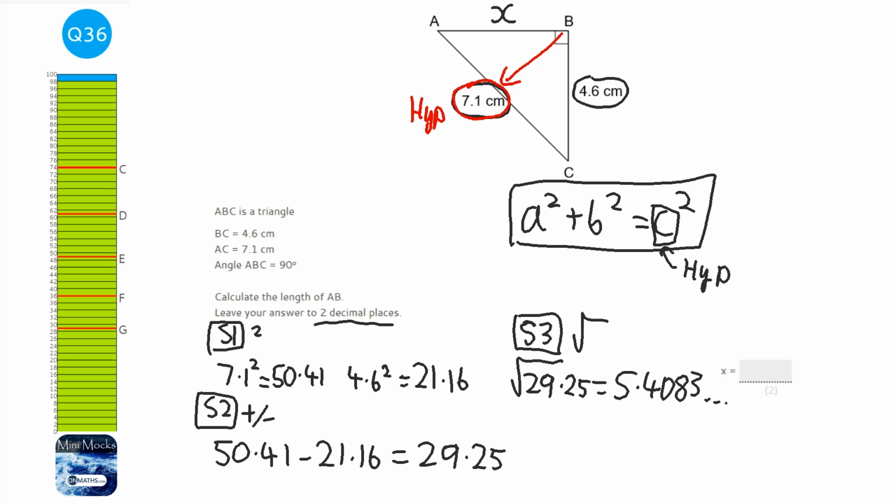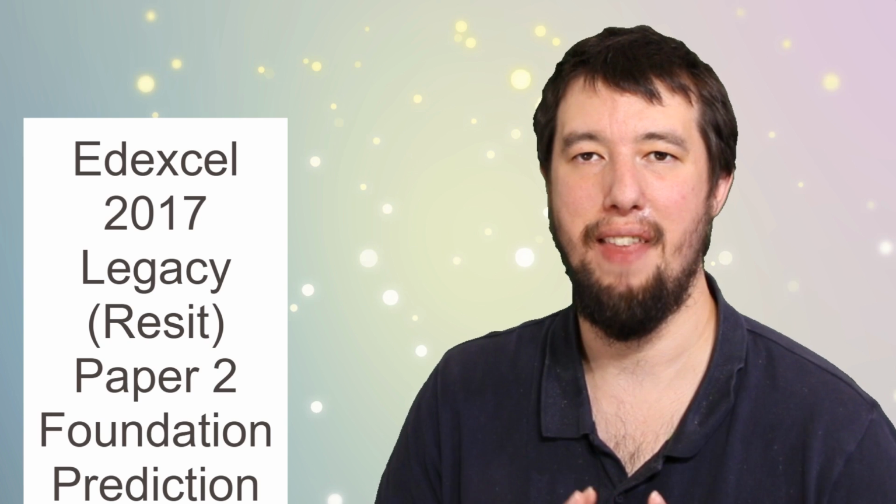It says it wants it to 2 decimal places, so I'm going to write 5.41 because that 8 moves that 0 up by 1. Now, last step is just check it makes sense. Well, this being 5.41 means that the 7.1 is still the longest side, so we know we've probably got it right. I hope you found that useful.